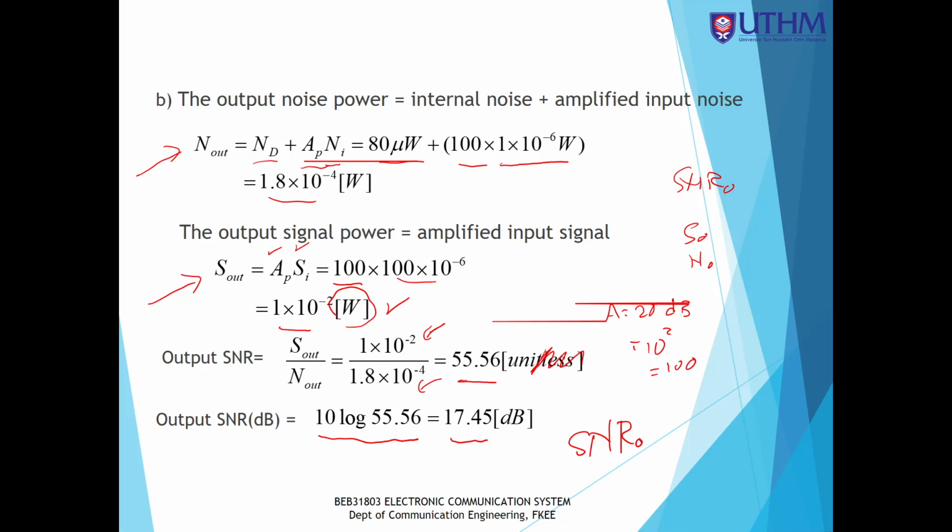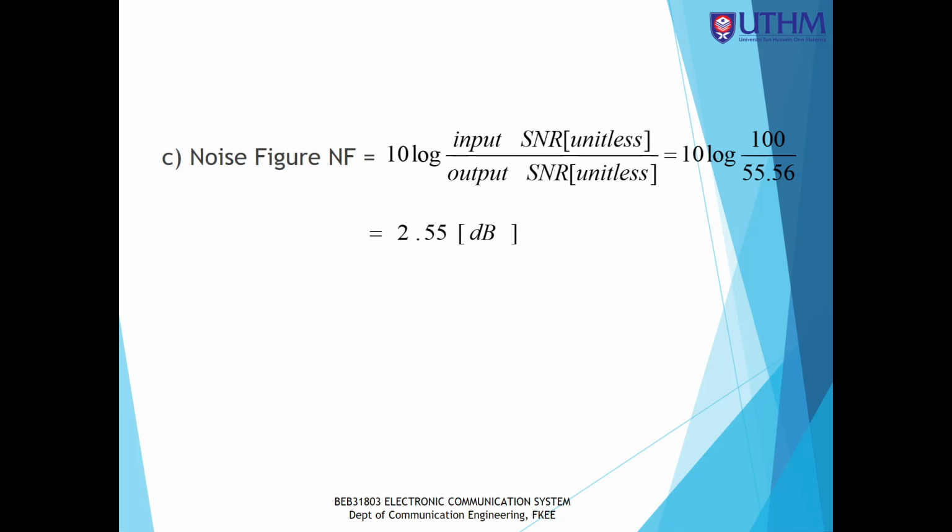Okay. The next question asks, how much is the NF? NF sudah pasti dalam sebutan decibel, confirm. In order to find NF, we need to find F terlebih dahulu. So F is equal to SNRI divide over SNRO.